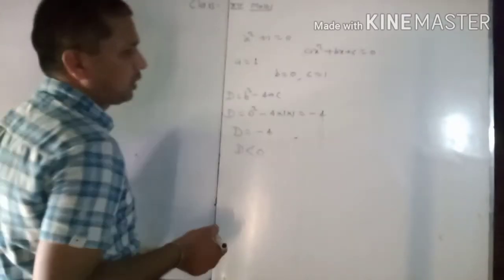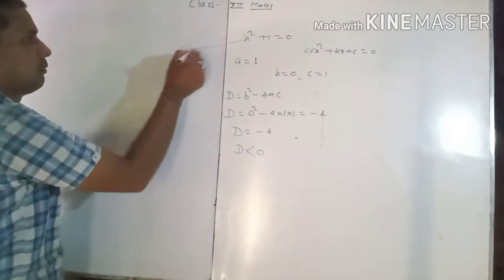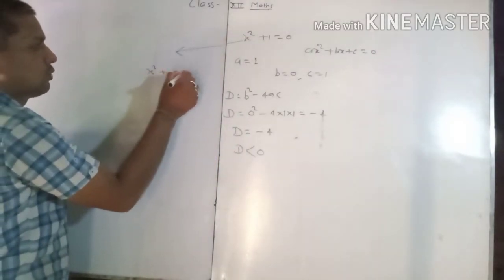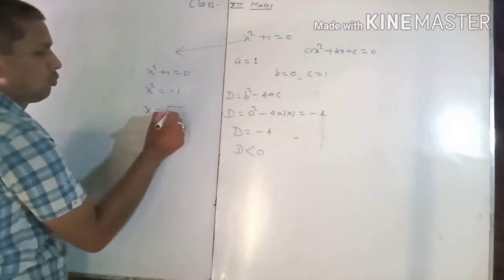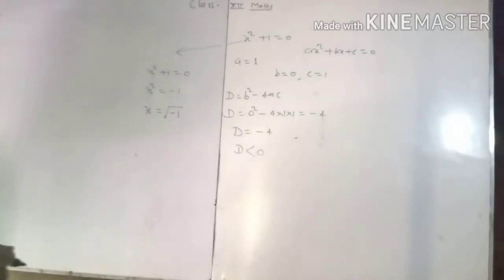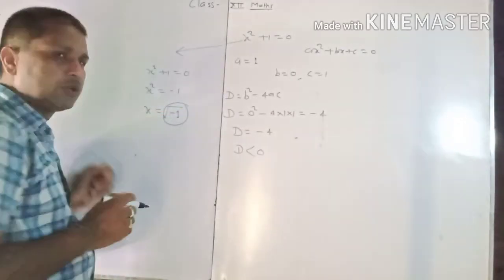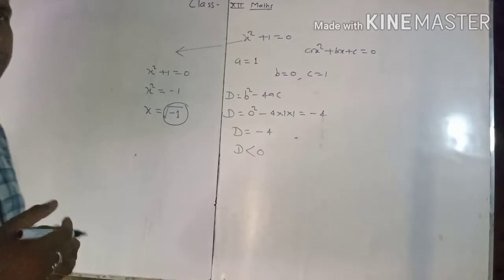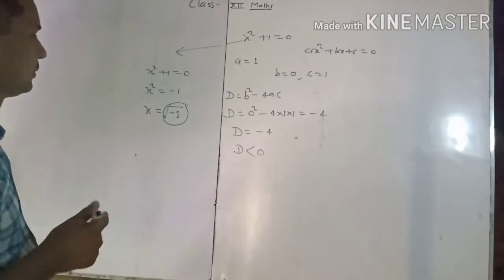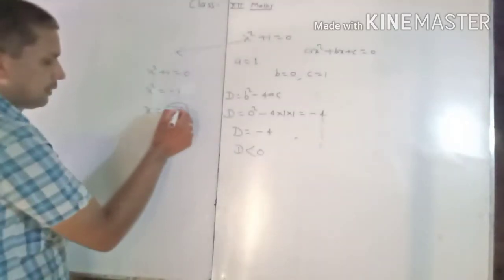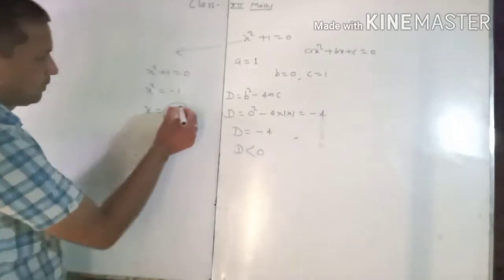Okay, so how to represent imaginary roots? If we solve this equation, x square plus 1 is equal to 0, means x square is equal to minus 1 and x is equal to root over minus 1. This type of number is called an imaginary number, means root over minus 1 type numbers, root over minus 5, root over minus 7, called imaginary numbers. So let us consider a fixed notation in mathematics.